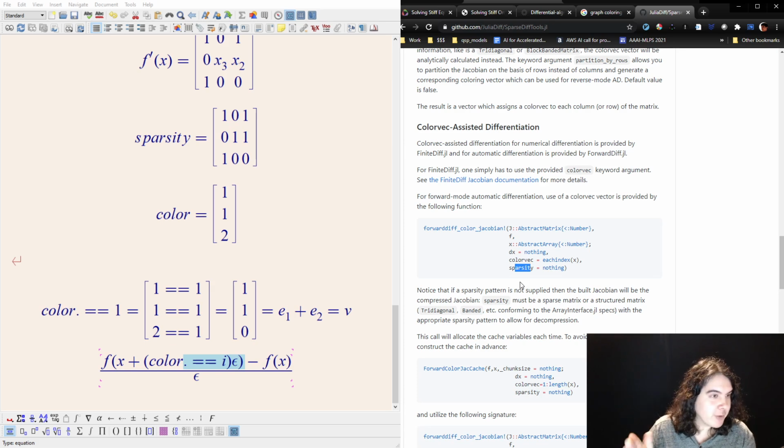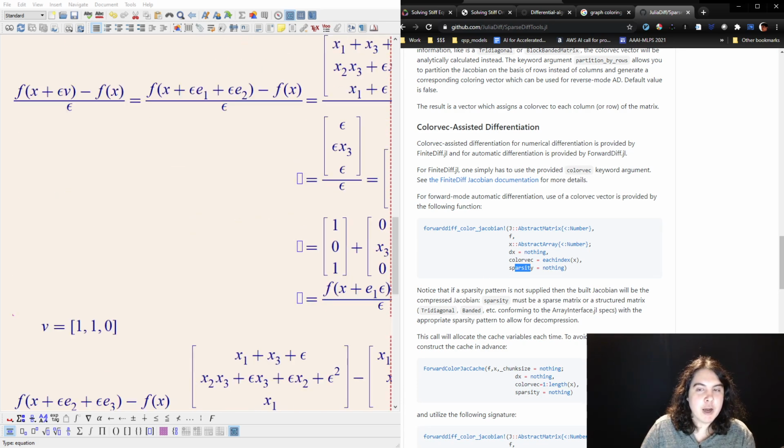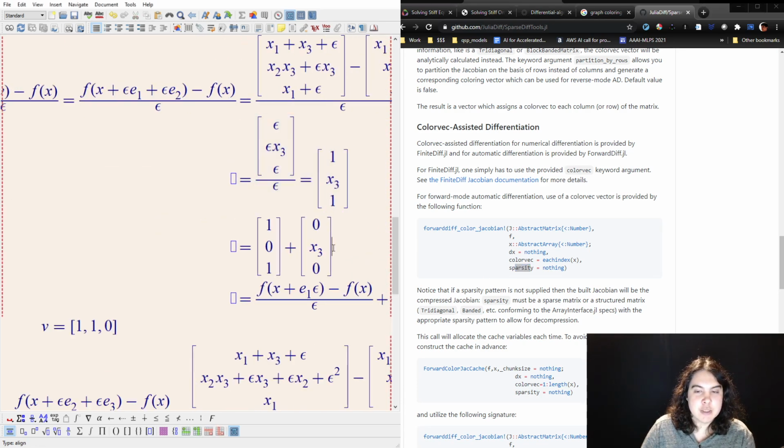It needs the sparsity pattern to know how to pull things back apart. The only way to do that is to know that you have a 0 here and 0, 0. So you do need the sparsity pattern when doing this differentiation, to pull things back apart and build your full sparse matrix. It's also nice because if you want to fill the sparse matrix, you could just give it the sparse matrix, and that's the thing that you end up filling.